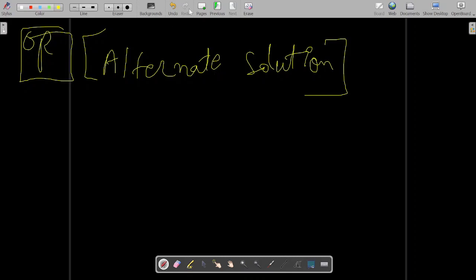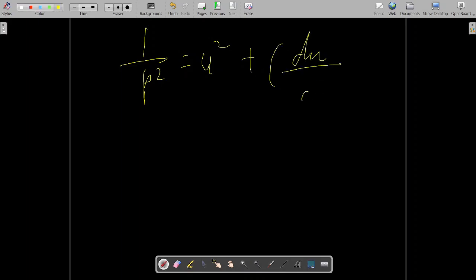So our alternate solution, how does it look? We have with us 1 over p square equal to u square plus du by d theta whole square. This we have with us, right? Now differentiate this with respect to theta.